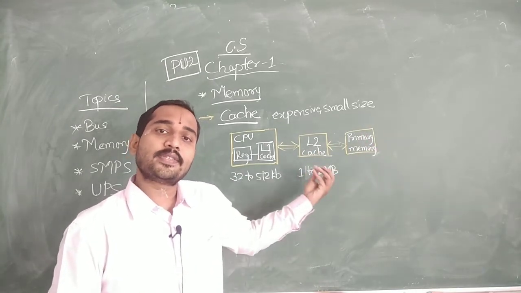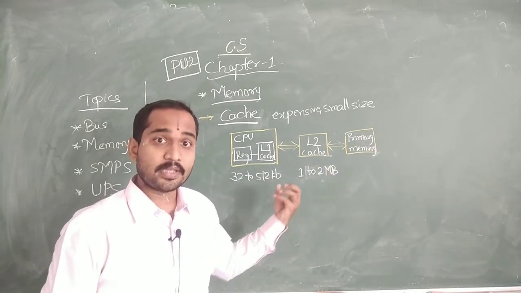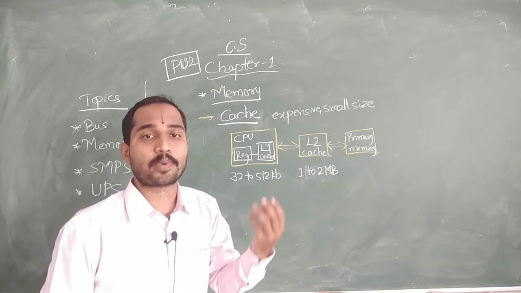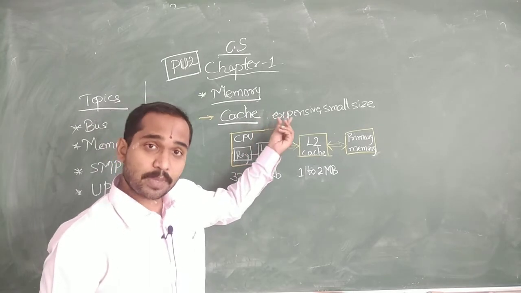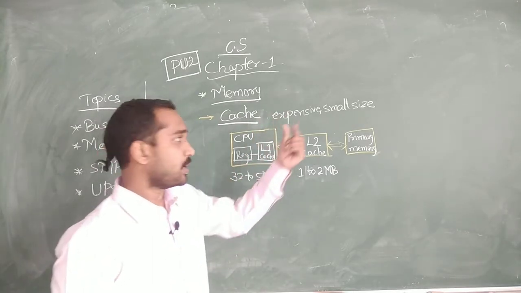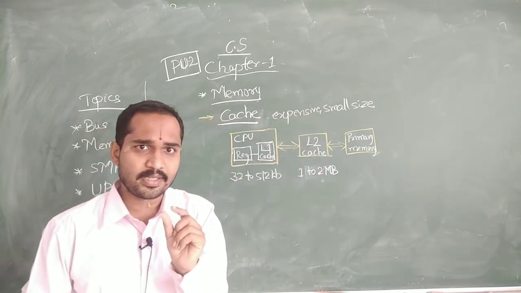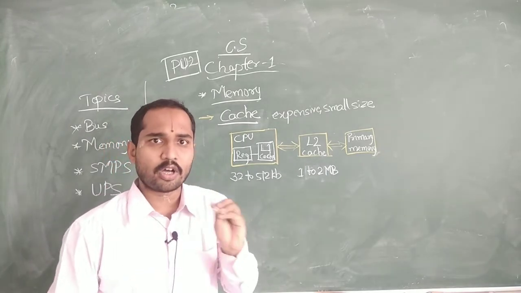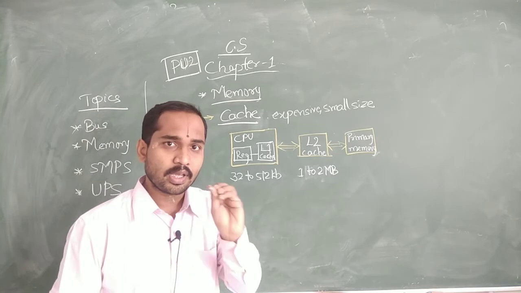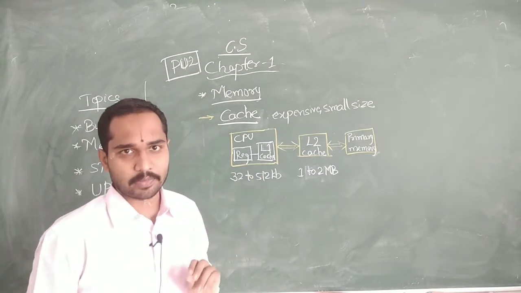It already gives the data before it. Meaning it is increasing the rate of processing. Okay, so it is a very expensive memory. It can be of a small size because it holds only the data that is used more often, or the recent data, that is held by the cache memory.